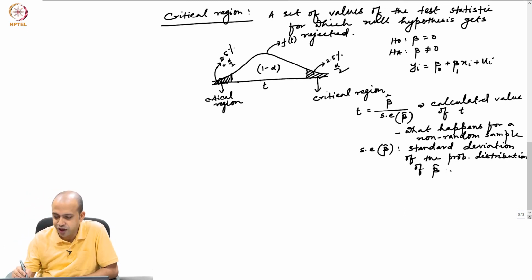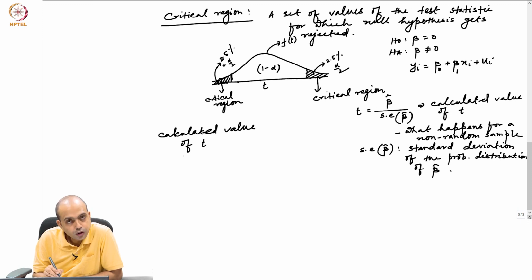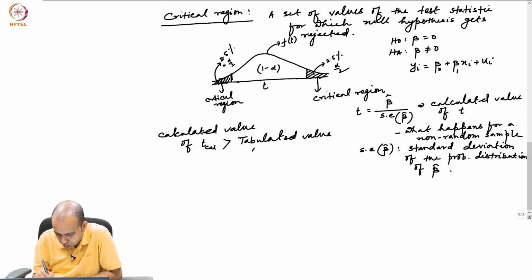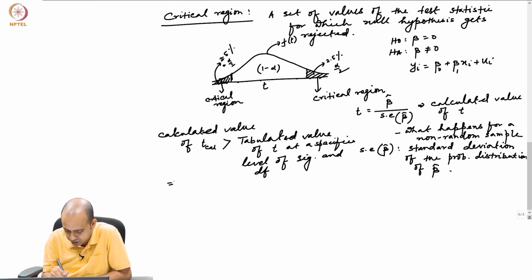Now, if your calculated value of the t statistic so defined, let us say this is called t cal, is greater than the tabulated value of t at a specific level of significance and degrees of freedom, then we will say reject your null.